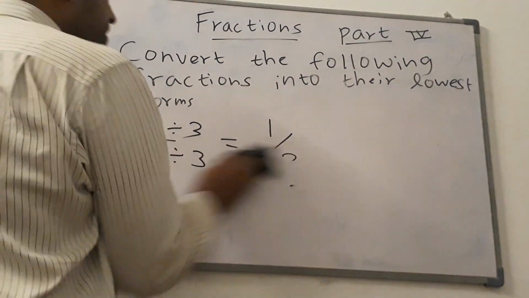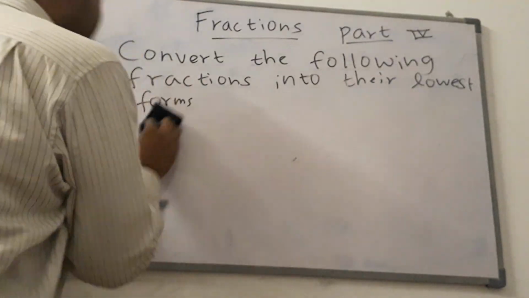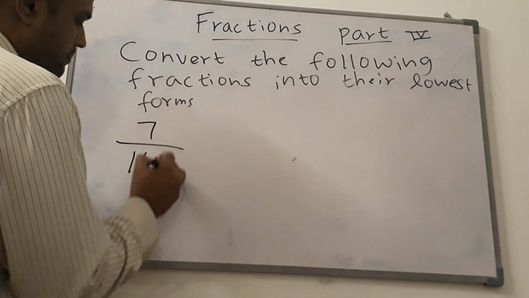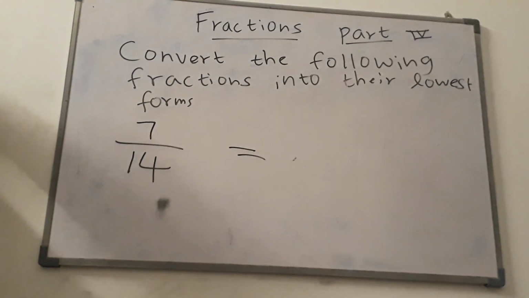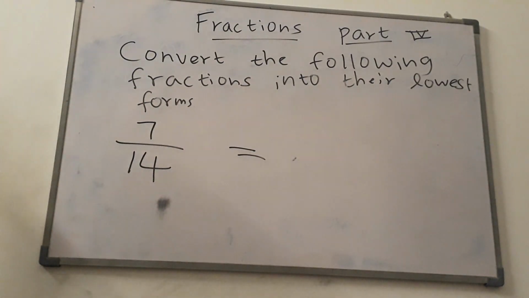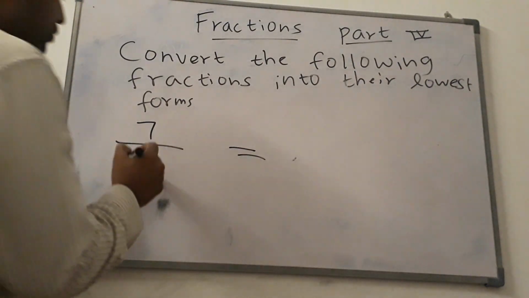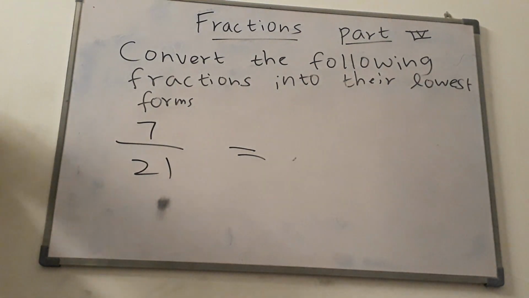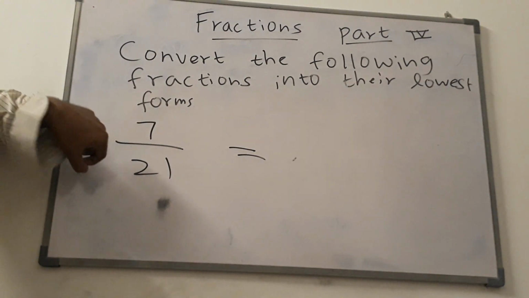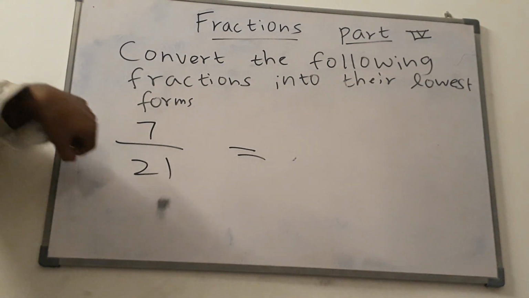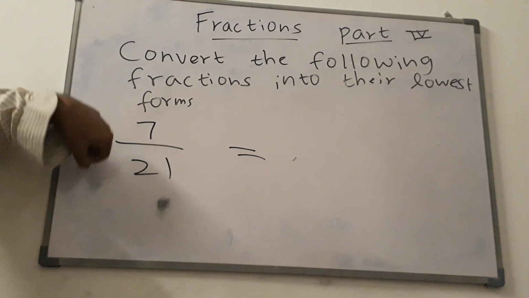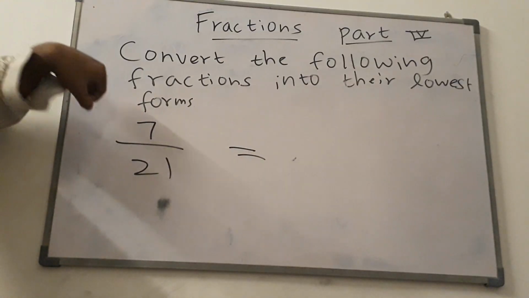Next, suppose it is 7 over 21. 7 is a factor of 21. 7 times 3 is 21. 7 itself is a factor of 7 as well.